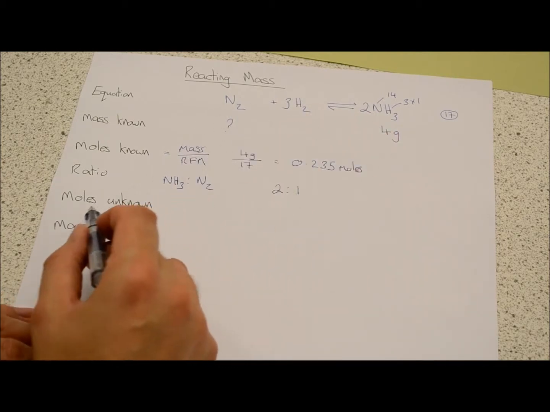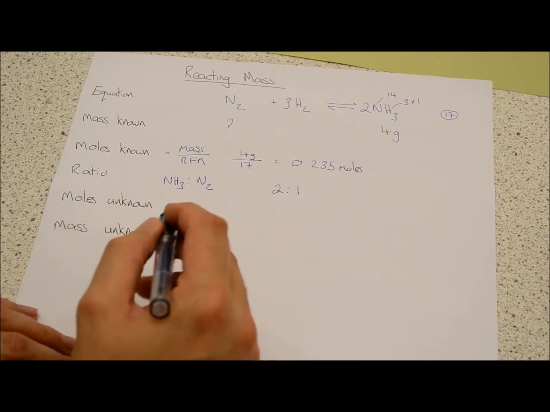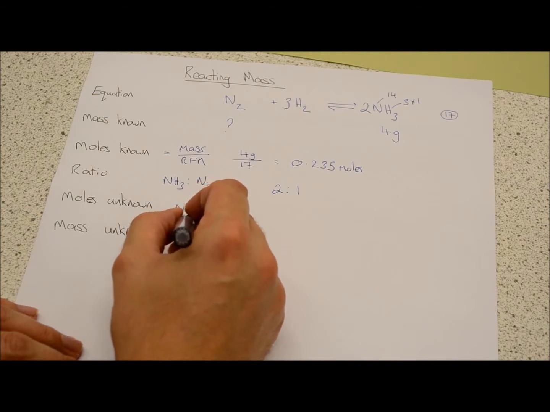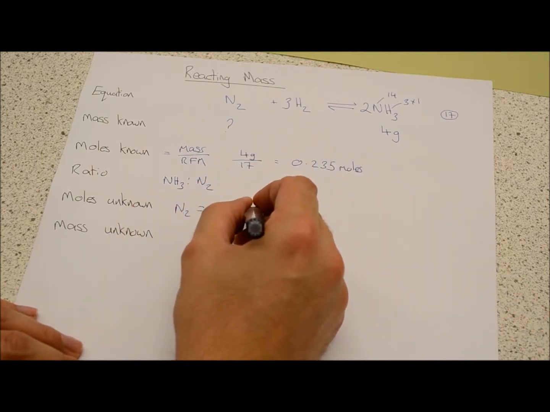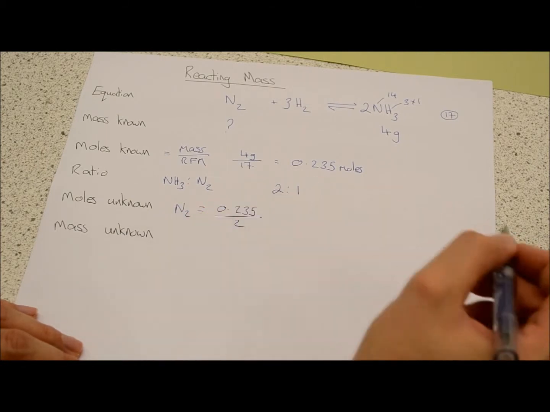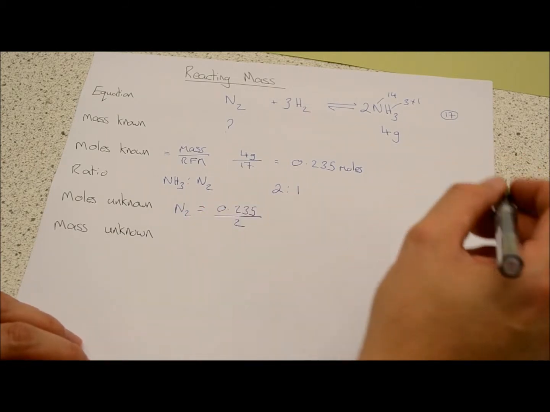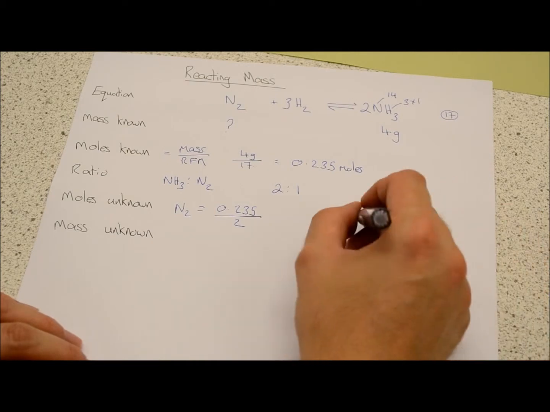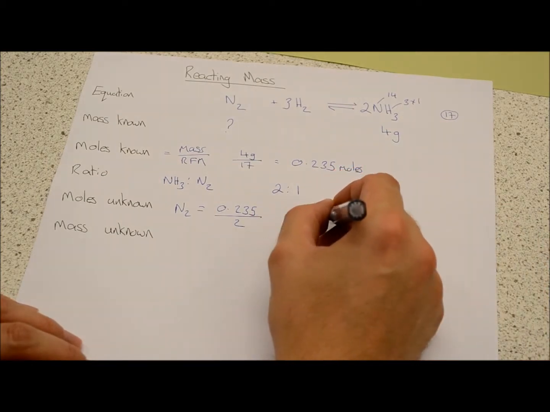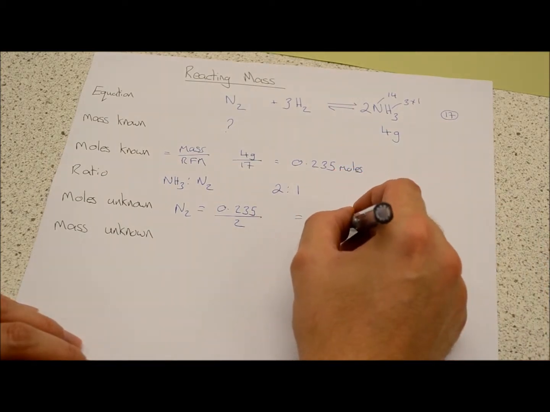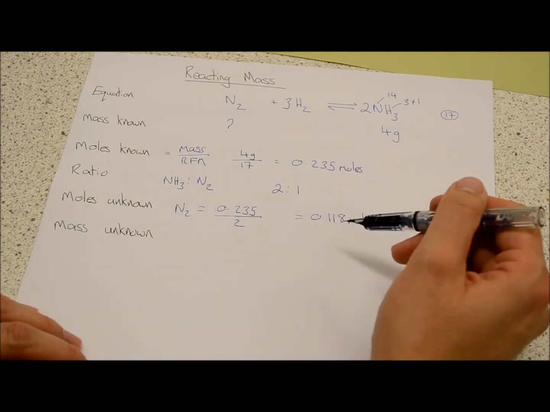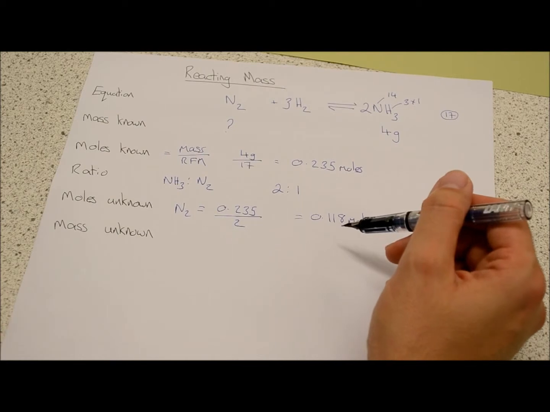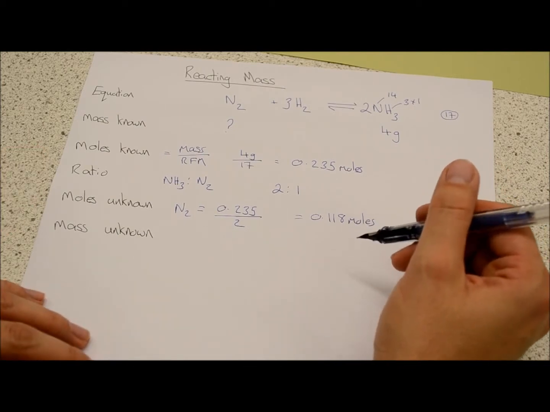So that means that the moles unknown, so the moles of nitrogen, is equal to 0.235 divided by 2. There are half as many. So that gives us 0.118 moles. And as you can see from that, it doesn't quite add up, and that's because I've kept the full digit in my calculator when I've worked that out.